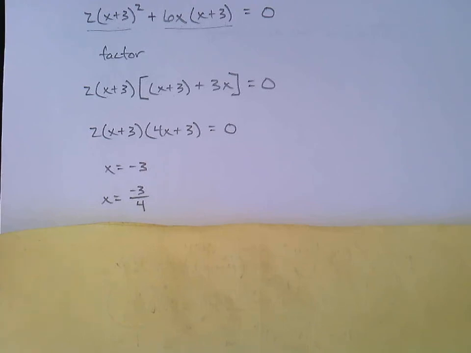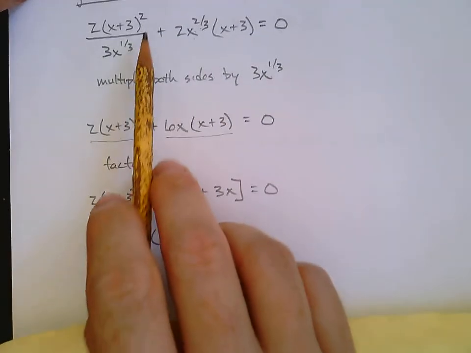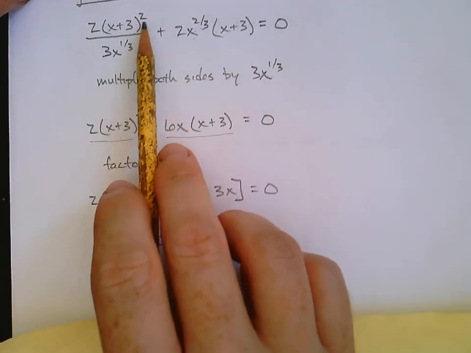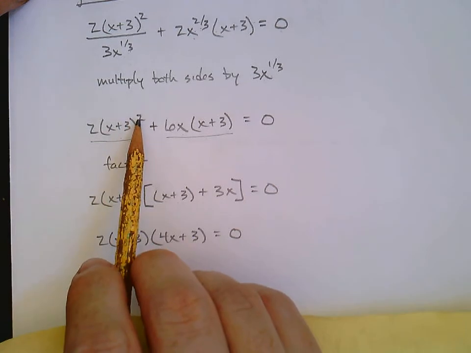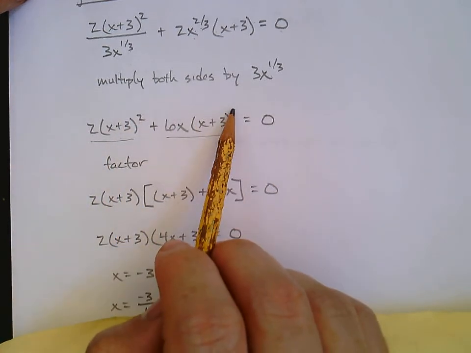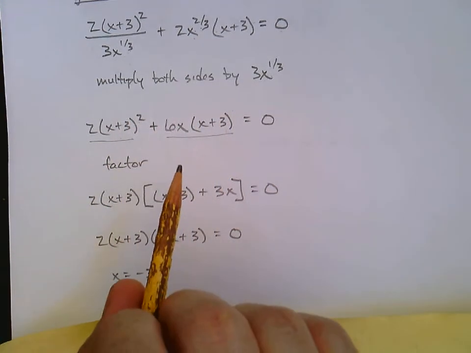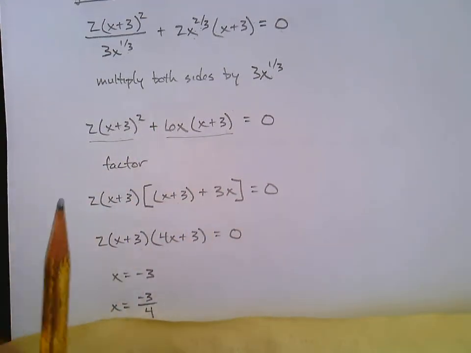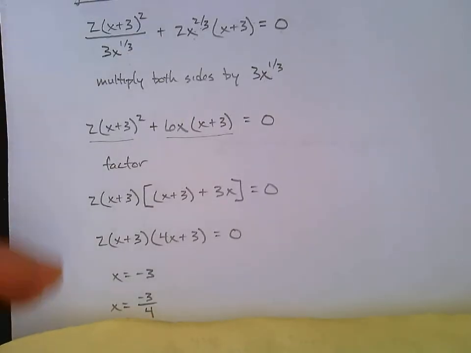Don't just blow everything up. In other cases, it might be more difficult. Here we had a square and a first power, but what if it was a fifth power and a fourth power? You don't want to multiply all that out, but you could still factor and get the answer just as quickly as I did here.